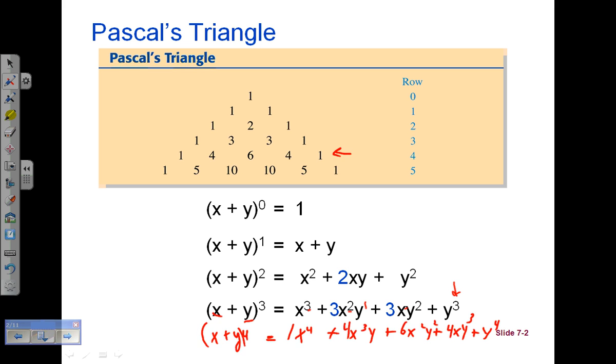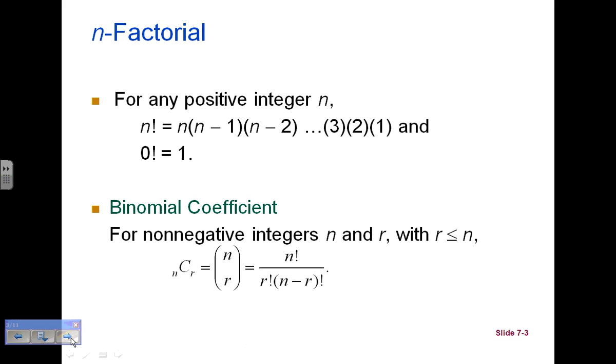All right? So, moving on. Oh, I better close this. Moving on. For any positive integer n. Hey, wait a minute. Here's that NCR thing. The binomial coefficient, NCR. This just means you have a factorial button on your calculator.